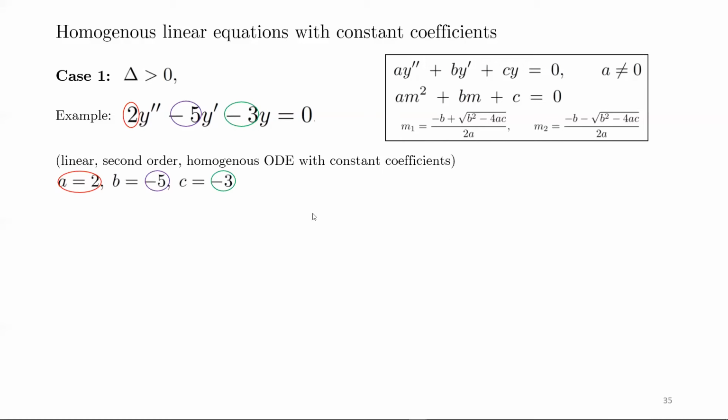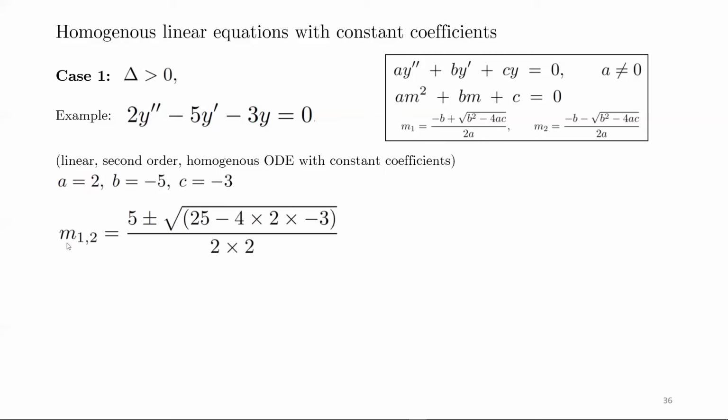Let's write that out. Our solutions m1 and m2 are 5 plus or minus the square root of 25 minus 4 times 2 times -3. I can already see that this discriminant, this thing under the square root, is going to be positive because I've got 4 times 2 times -3, and I'm taking that away, so it's going to be 25 plus a number.